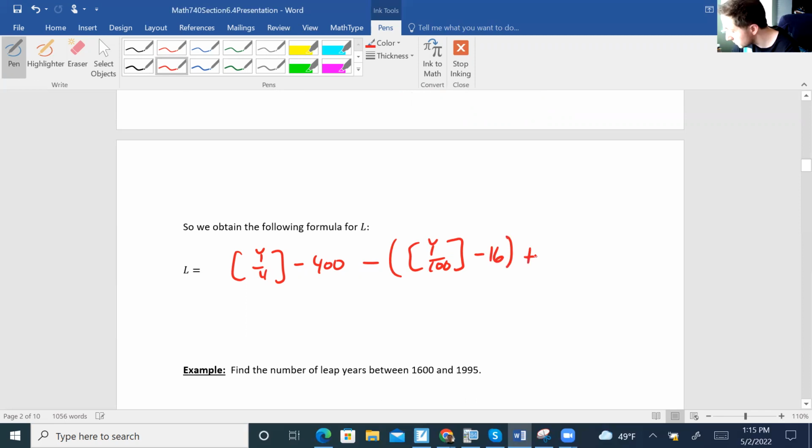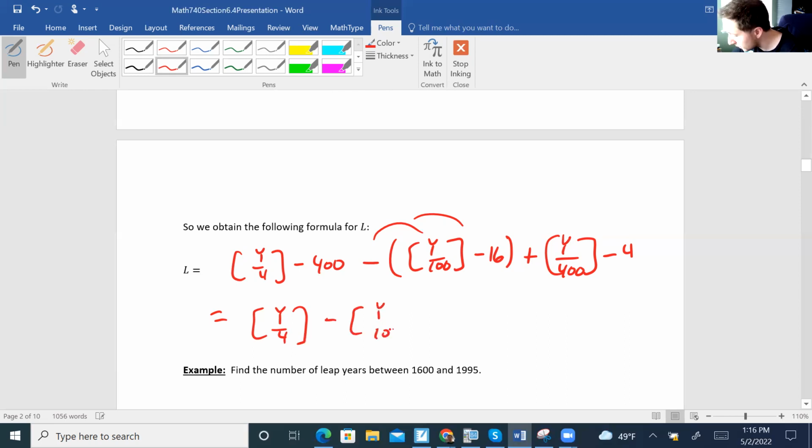And then we add back in the century years that were leap years, which was our Y over 400 minus 4. Okay. And then doing a little bit of distributing and combining, this leads us to our following formula: Y over 4 minus Y over 100 plus Y over 400.